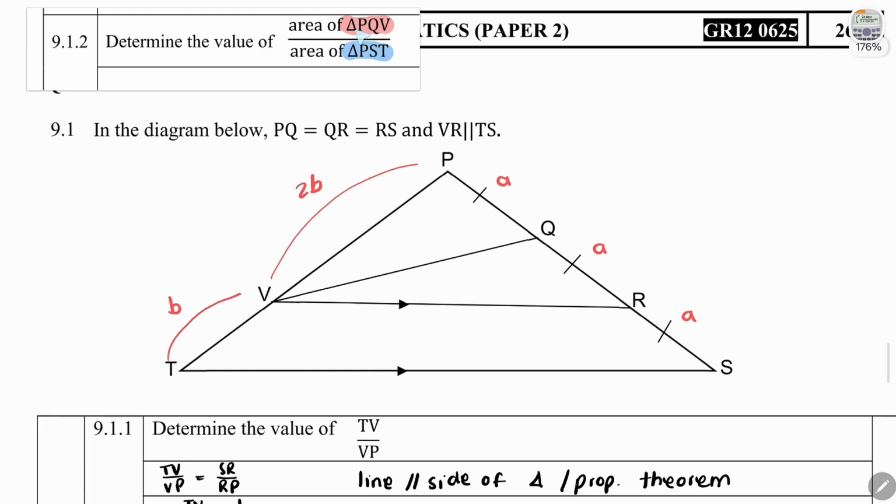Since they say PQV over PST, PQV is this triangle over here, and PST is the bigger triangle. How will we find their areas over each other?